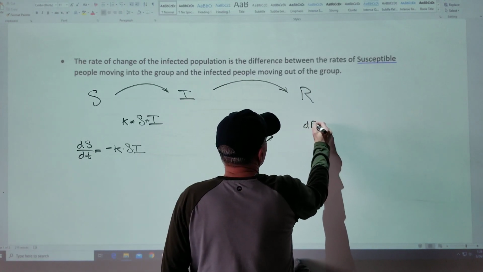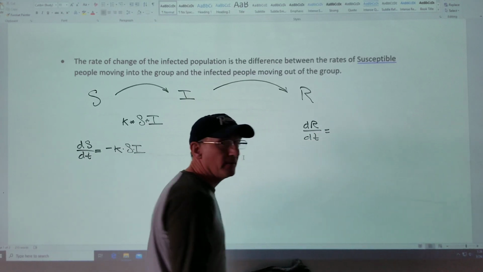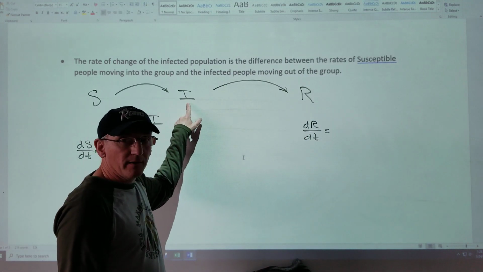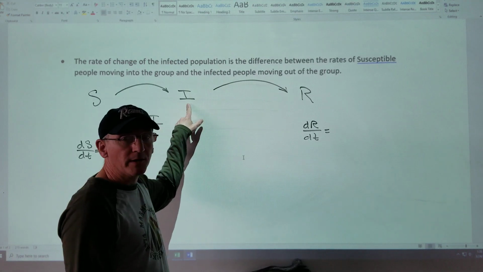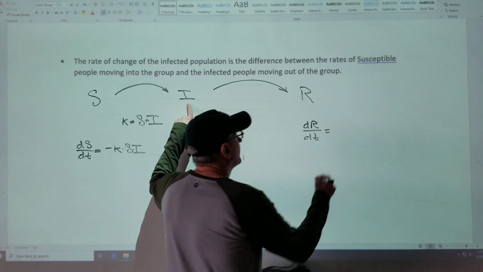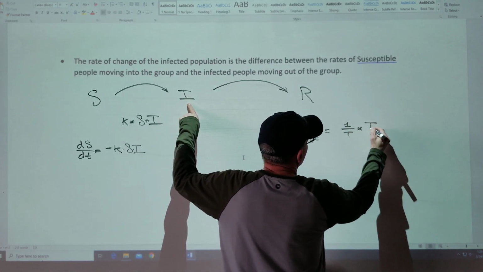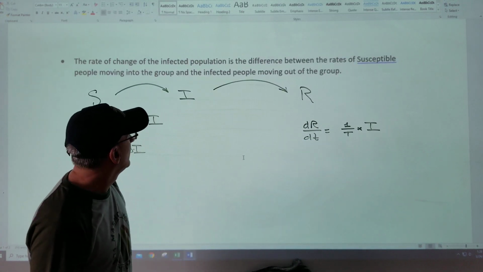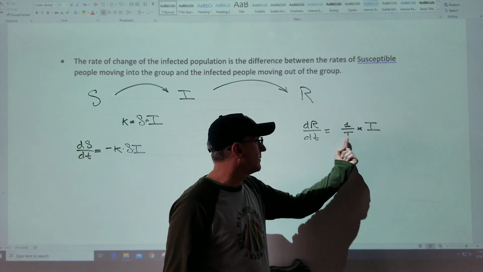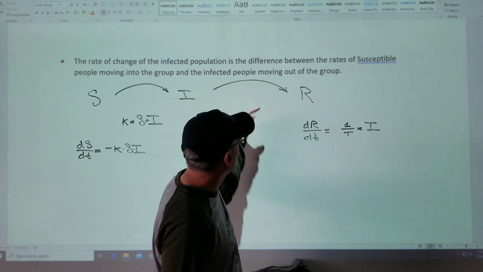The rate of change of the removed group is positive because this is always growing, and it's proportional to how big the infected group is, and the constant of proportionality has to do with the term of the illness. So it's 1 over T times the size of the infected group. An example we had a minute ago, we had 28 infected people, we had a term of 14 days, we divided those and we got 2 people per day moving into this group.